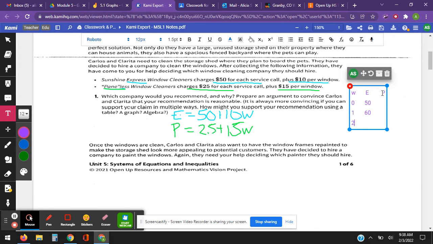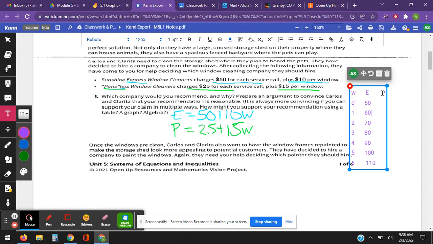Two windows, another $10, so that's $70. Three windows is going to be $80. Four windows, $90. Five windows, $100. And we'll do one more. Six windows will be $110.